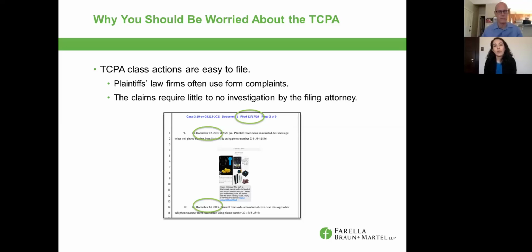Plaintiffs' counsel often use form complaints, as demonstrated by this screenshot here, where a text message was received on December 12th and on December 14th, 2019. The complaint was filed 3 days after the second text message was sent, on December 17th, 2019. So you can find yourself in trouble pretty quickly. Next slide.